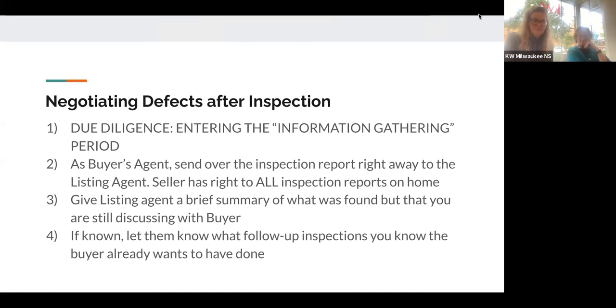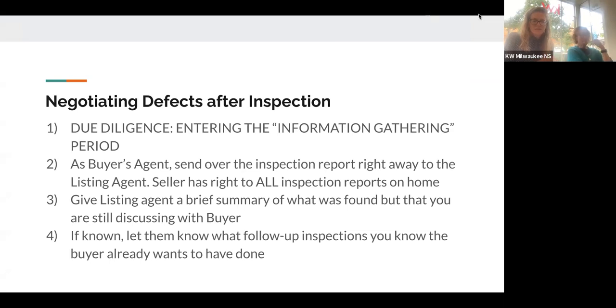The longer that everyone has to review an inspection report, the better. I think that waiting to send an inspection report over is just setting up for more problems as far as extending inspection periods, miscommunication, and vague communication.